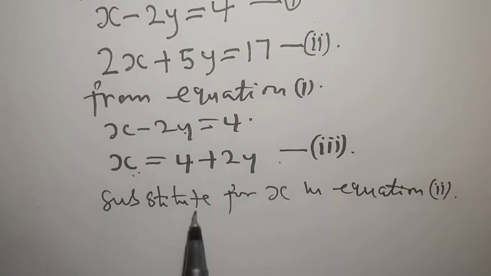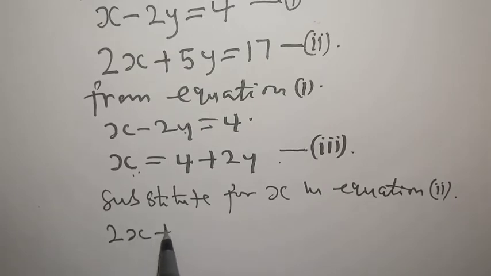And our equation 2 is 2x plus 5y is equal to 17.